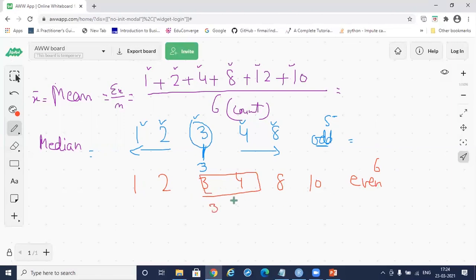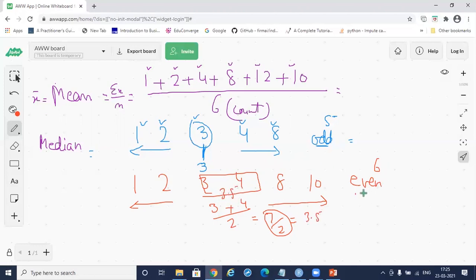So we have to take two central positions, leaving all the other data aside, and then we have to add them. Okay, so 7 divided by 2. So in this way, this would be the median here, right? So here 3.5 will be the median. So it means 3.5 will be the median.